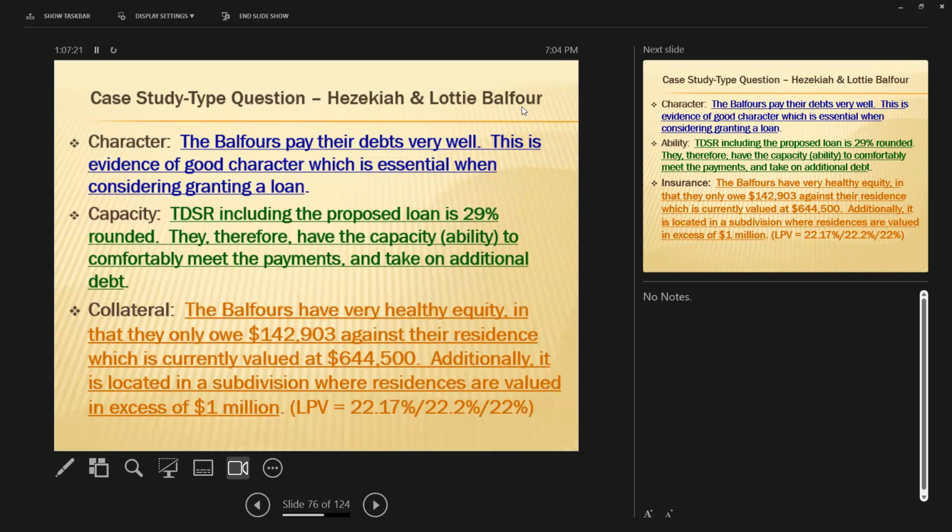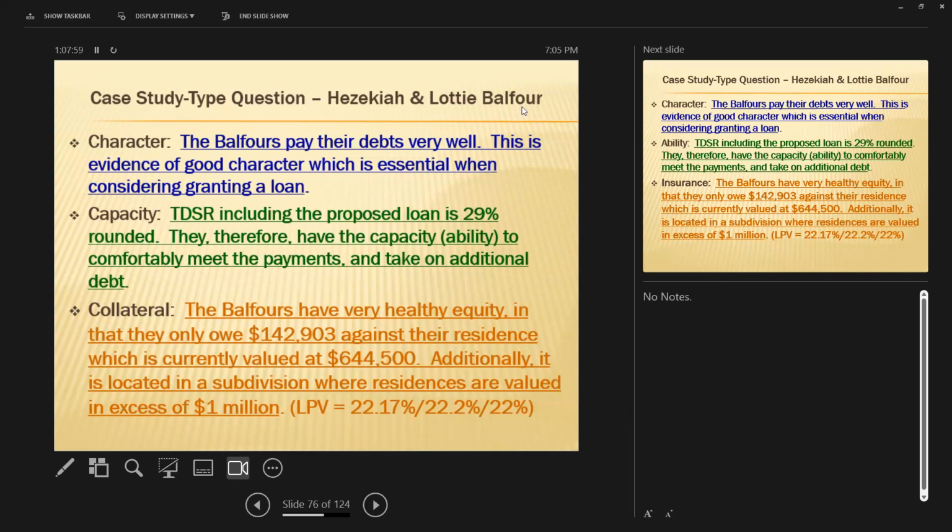Okay, and then collateral. The Balfours have very healthy equity in that they only owe 142 odd against their residence, which is currently valued at over $600,000. Additionally, it is located in a subdivision where residences are valued in excess of $1 million. The LTV is 22%. So basically, you just want to talk about how they have very healthy equity in that they only owe XYZ versus the value.